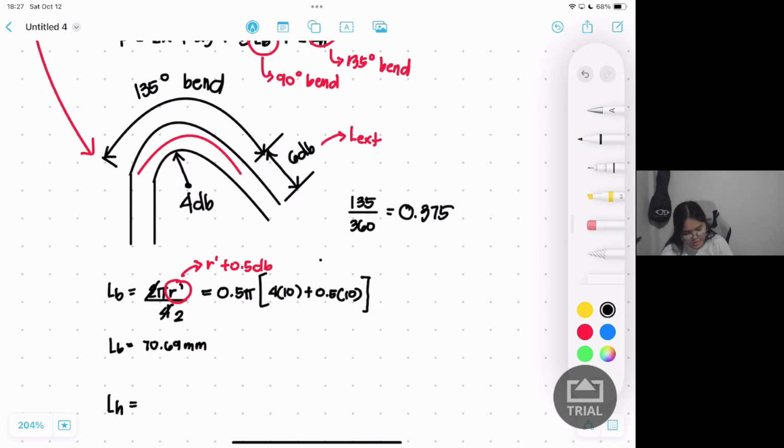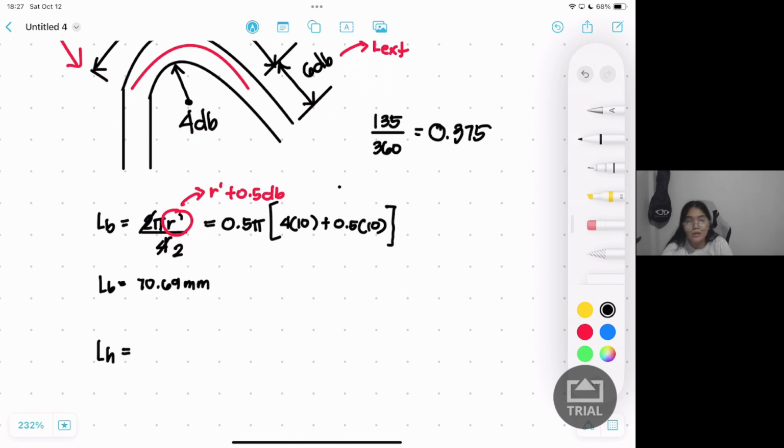So, yun na yung i-multiply natin sa circumference. So, 0.375 times 2 pi r prime. Okay? And then, huwag kakalimutan i-add si length of extension na 6 dB.